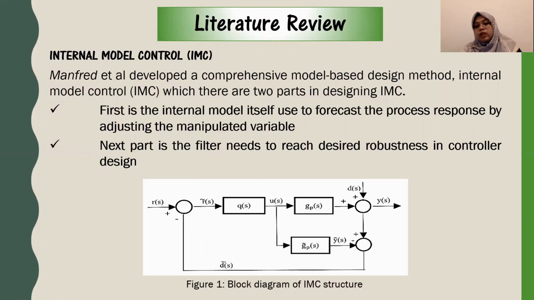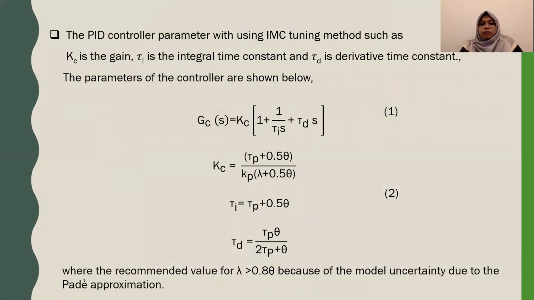The next part is the filter, which needs to achieve the desired robustness in the controller design. Therefore, there are two parts in designing IMC. You can see the derivation to get the PID controller parameters in detail in the technical paper.